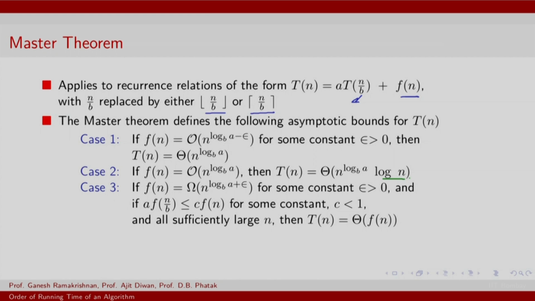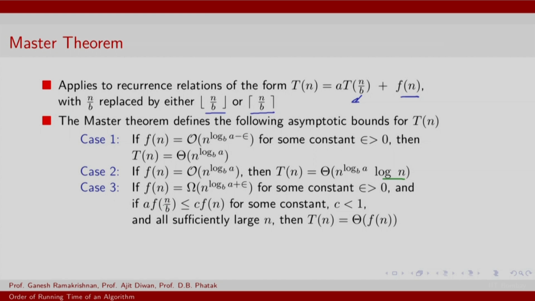This is a kind of price that you are paying for not being able to prove a strictly better upper bound like the one we had in case 1. A third case is when you actually have a lower bound for f(n) with a plus epsilon. You are not even able to prove a lower bound with n raised to log to the base b of a, you need this epsilon shift.